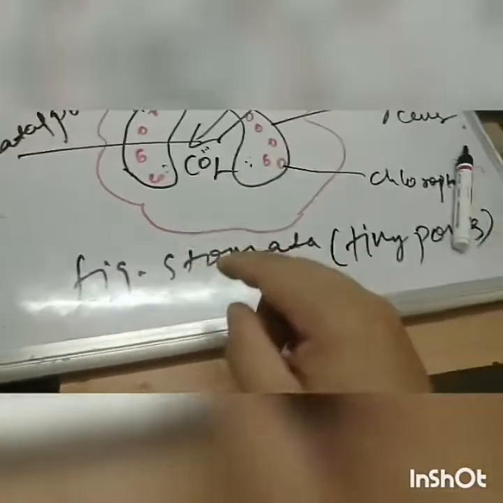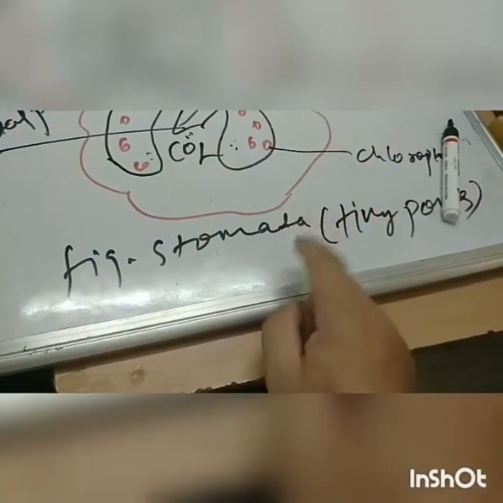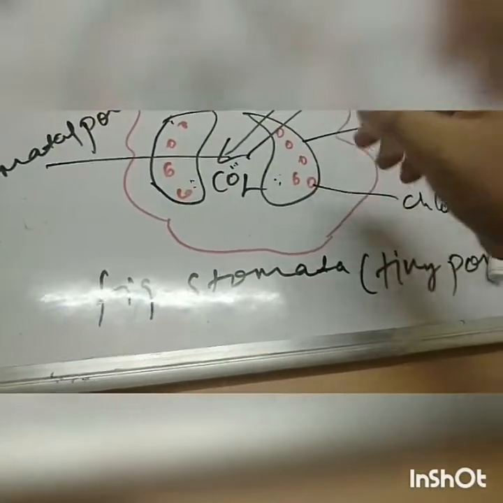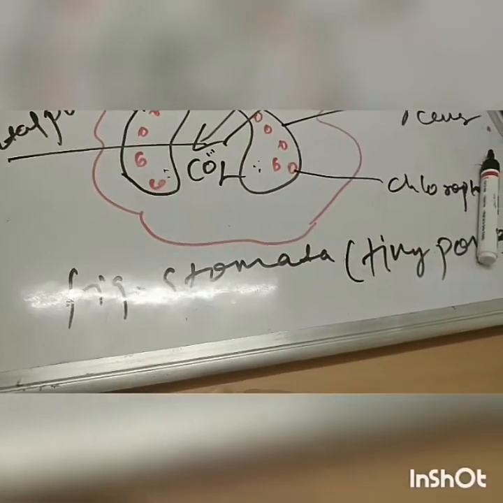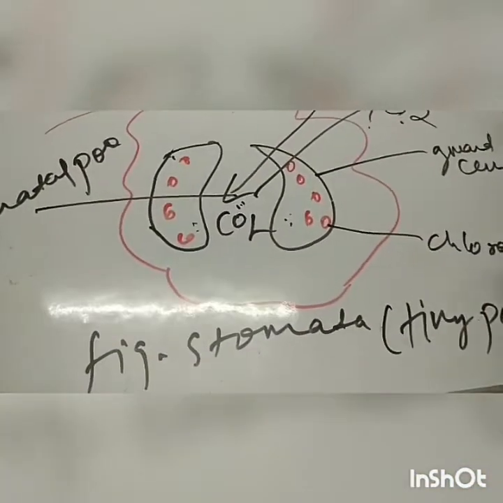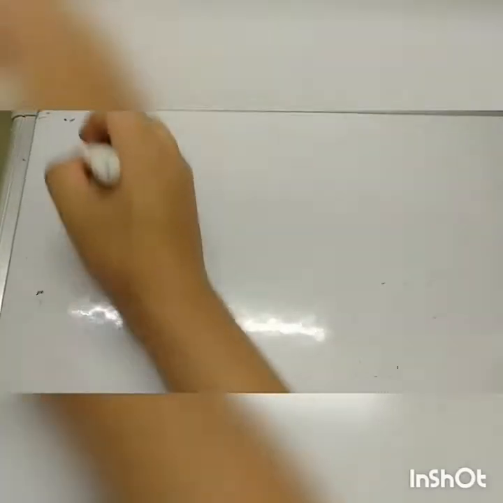This gaseous exchange in the plant leaves is very important, because you should know how carbon dioxide is taken in by the plant and oxygen is emitted out. So this structure is important. Now we will quickly go to heterotrophic nutrition.